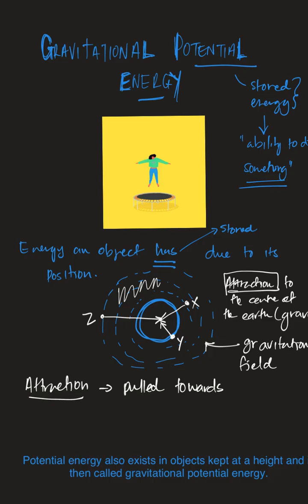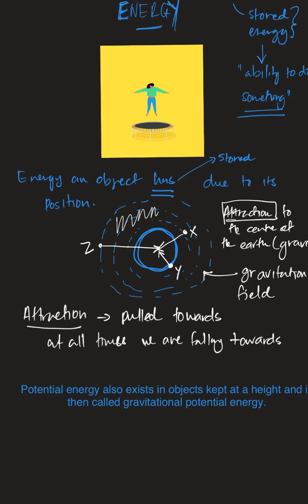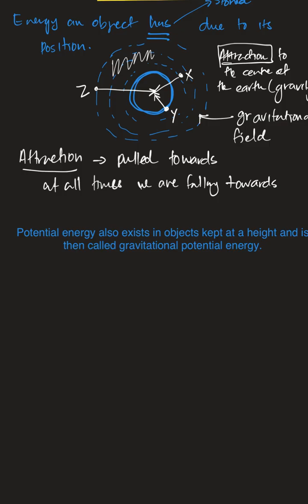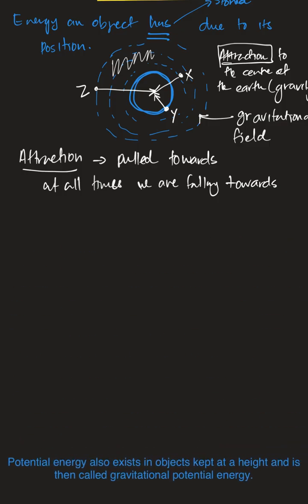Now, that doesn't just happen at a random sort of thing. So what's happening at all times, right? At all times, we are falling towards the center of the earth.